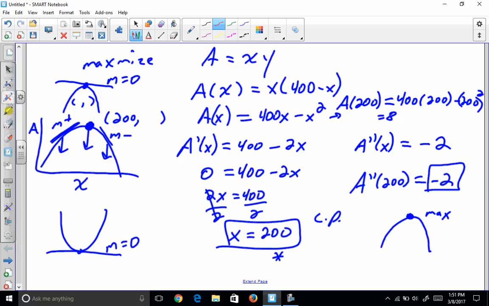So this would be 80,000 minus 40,000. So our maximum area is 40,000. When x is 200, our area is 40,000.